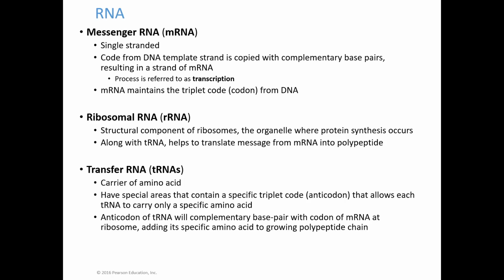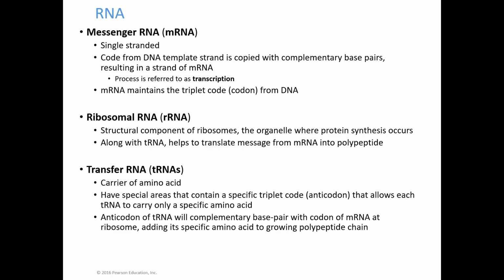And so the messenger RNA will make a copy of the DNA. It'll be a complementary copy, but it'll make a copy of the DNA in the specific order. And this process is known as transcription.